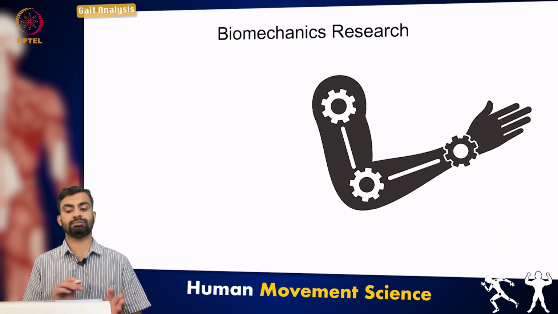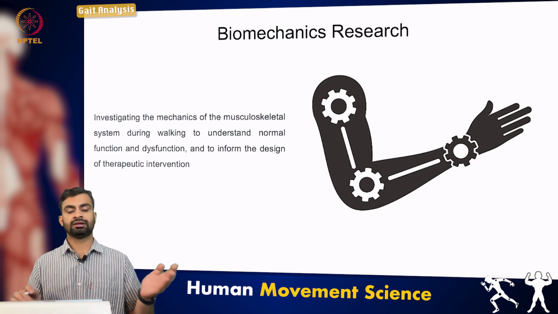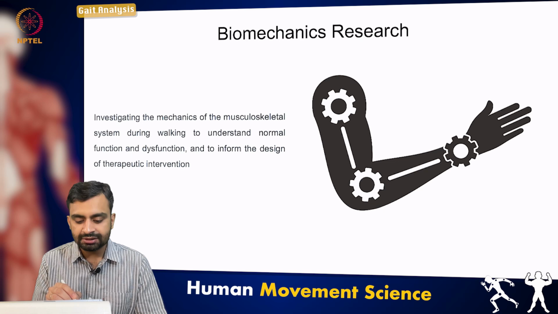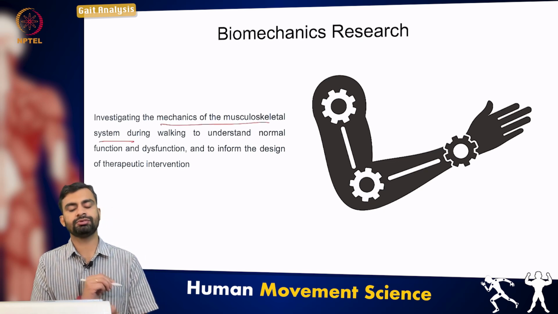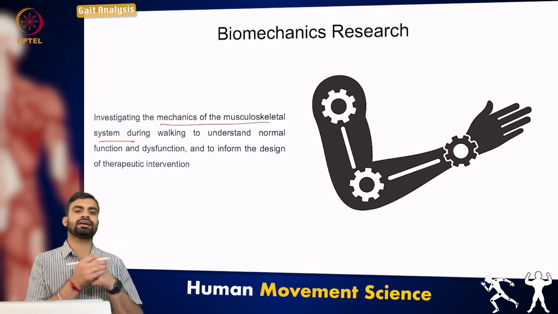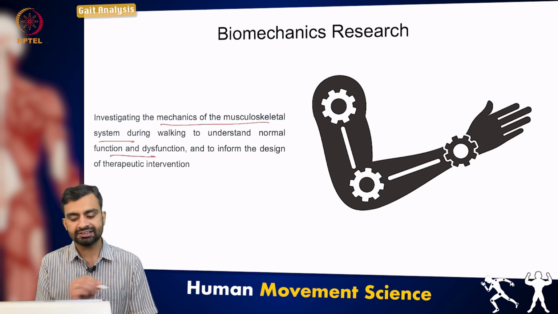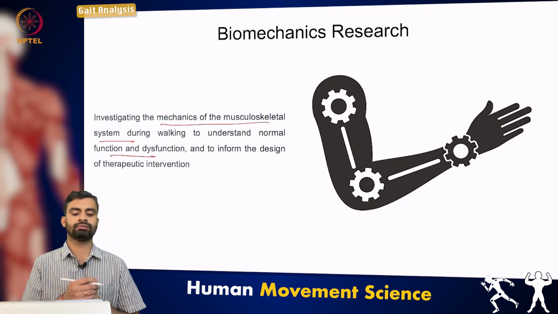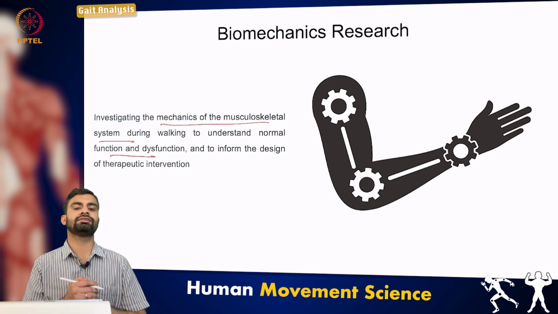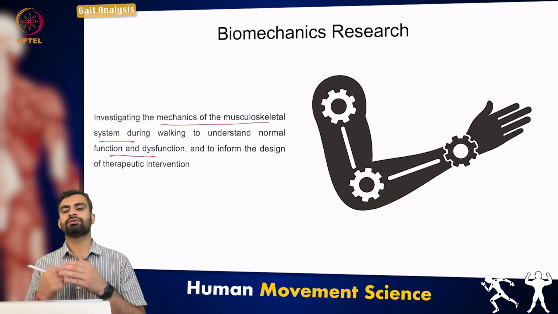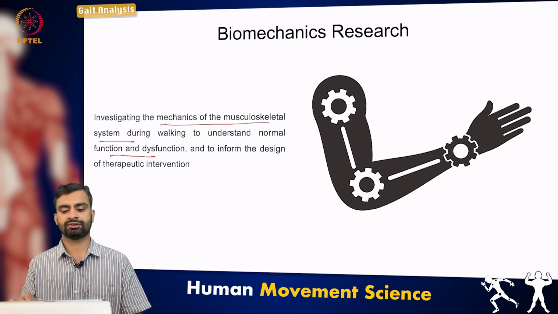And finally, in biomechanics research, investigators use gait analysis to analyze the mechanics of the musculoskeletal system during walking or any specific activity they are interested in, to understand normal function and dysfunction, and this will help in designing therapeutic interventions or development of new equipment for better quality of life.